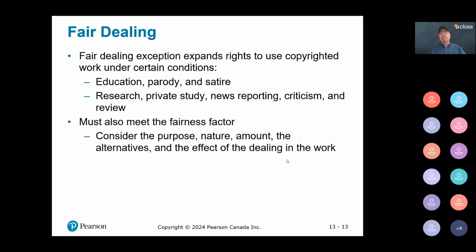Now, can you record something to watch later? Let's say something is being broadcast live this morning, but because you prefer to be here in the lecture instead of watching that live broadcast, you decided to have that recorded. Can you record something? Yes, you can, as long as you are recording for your own benefit, you will watch it later.